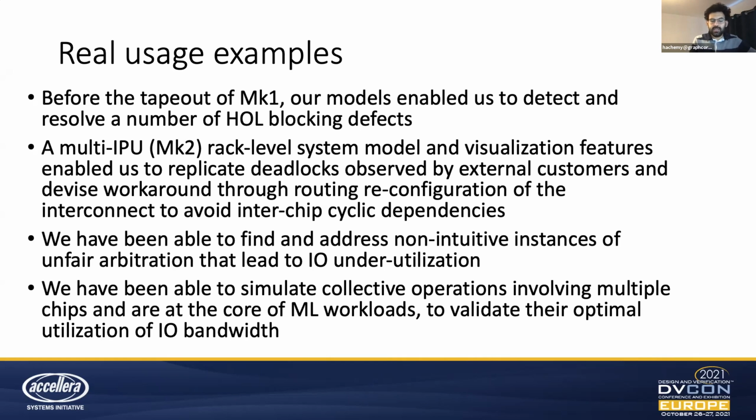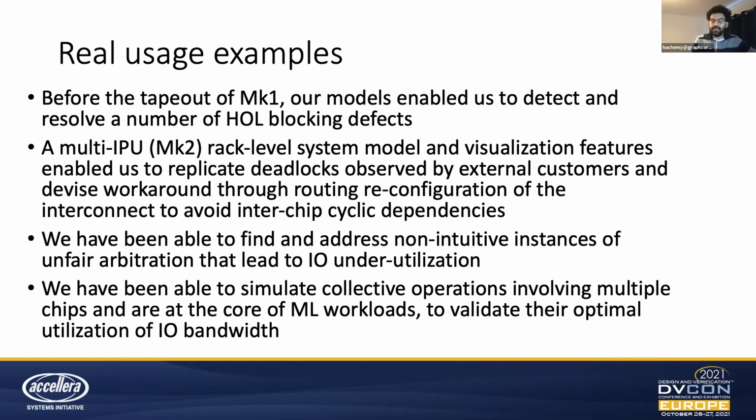Now, this is an interesting one because in verification, your test benches are always on a single chip. But what do you do when you have multiple chips and the deadlock, which means basically a cyclic buffer dependency, spans multiple chips?